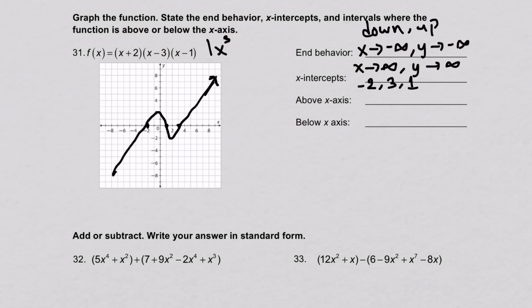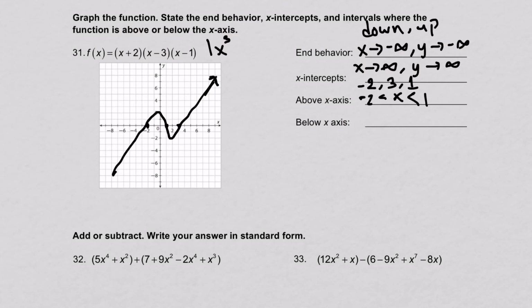It's not perfect. But now I can see where the graph is above the x-axis. It's above the x-axis right here in this little bump, and from this point on, it's always going to be above the x-axis. So how do we symbolize it? I'm going to symbolize it using inequalities. It's above the x-axis as long as negative 2 is less than x and x is less than 1.